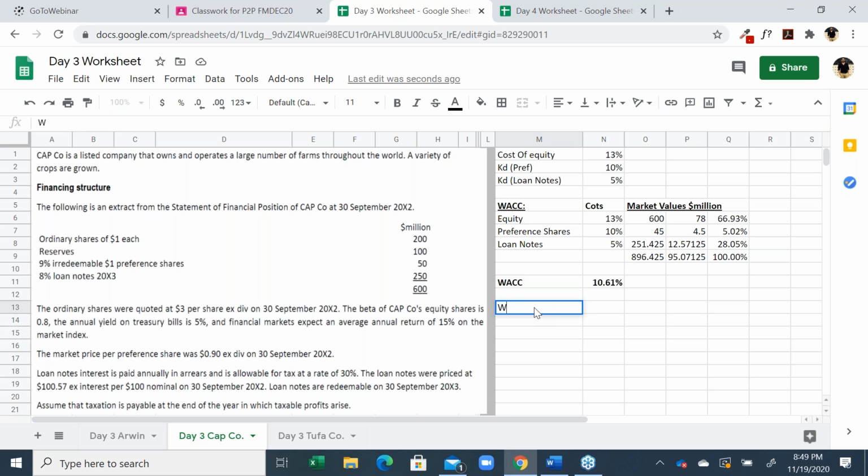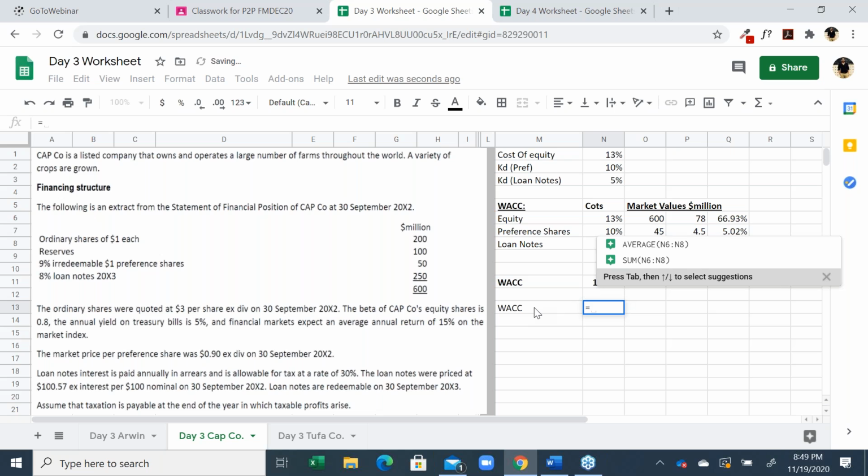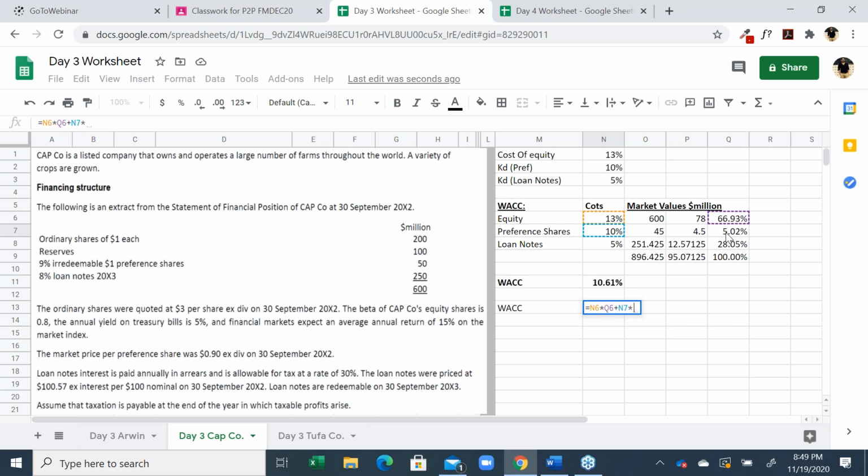So if we need to find out WACC using the proportions or the weightages, then what we can do is just pick 13%, which is the cost of equity, and multiply it with the proportion of the equity, 66.93%, plus 10% multiplied by 5.02% plus 5% multiplied by the ratio of loan notes. And if I add these figures, I'll get approximately the same value as the above value, 10.61.